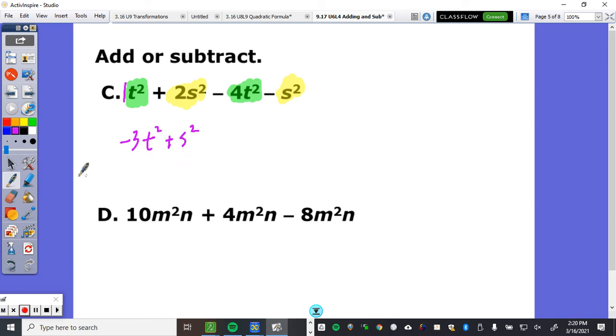Now notice, if we look here, we have an m squared in, an m squared in, and an m squared in. So I can combine all of these together. So 10 plus 4 minus 8 gives me 6m squared.